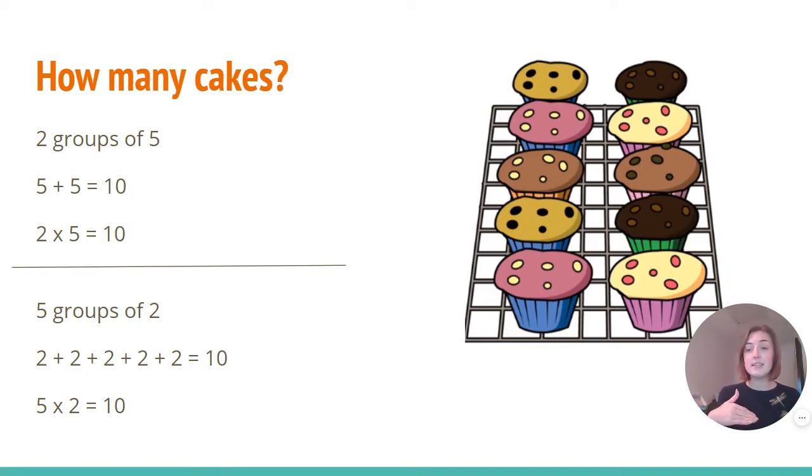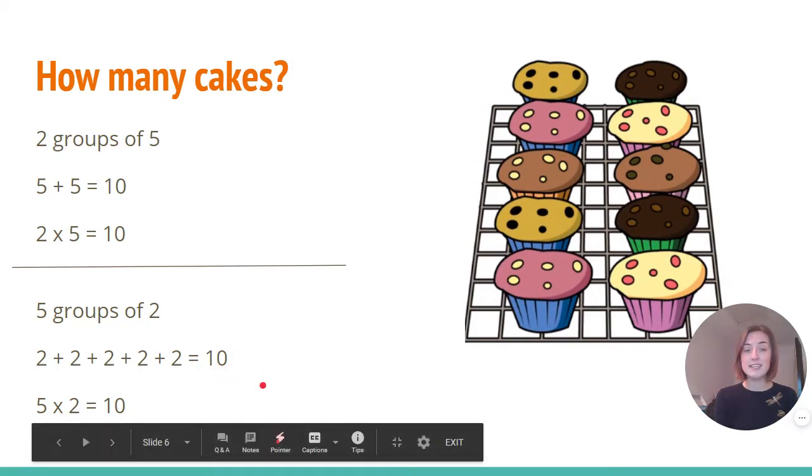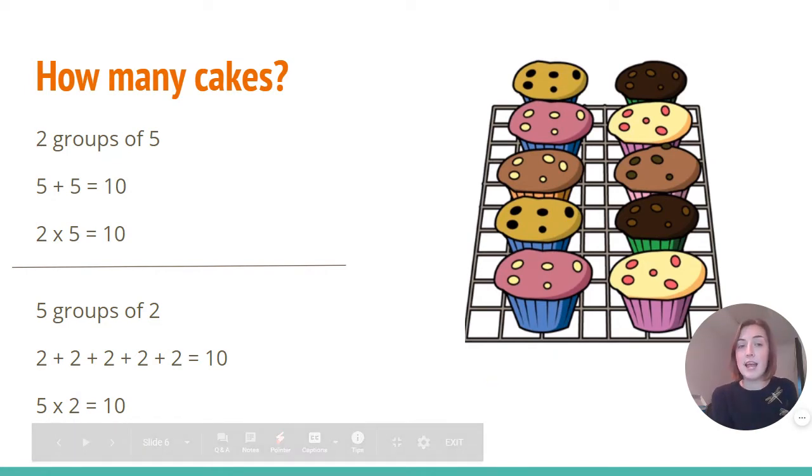So my number sentences would change a little bit. Instead of saying 5 add 5, I'm now saying 2 add 2 add 2 add 2 add 2. And that still makes 10. 2, 4, 6, 8, 10. So my number sentence has changed, but my answer has stayed the same. And now I'm saying I've got 5 lots of 2. 5 multiplied by 2. And that still equals 10.